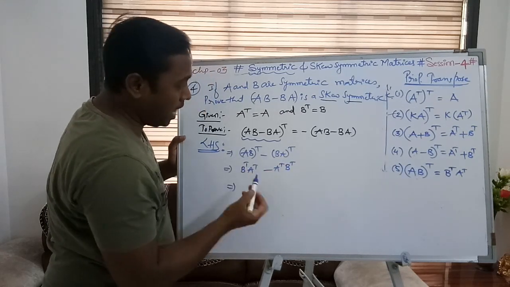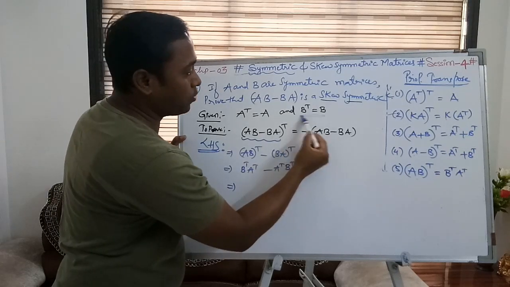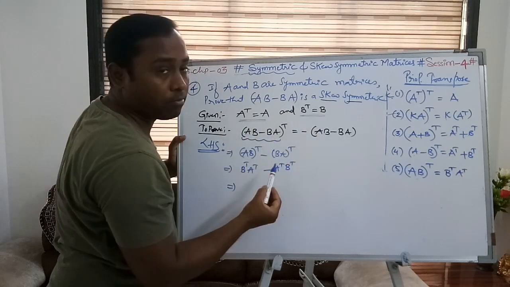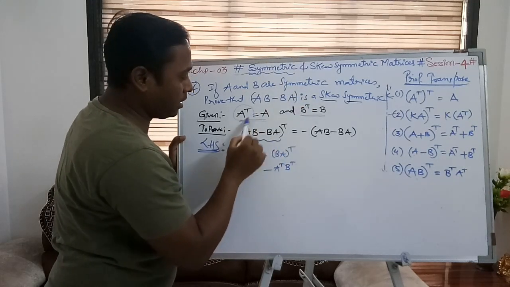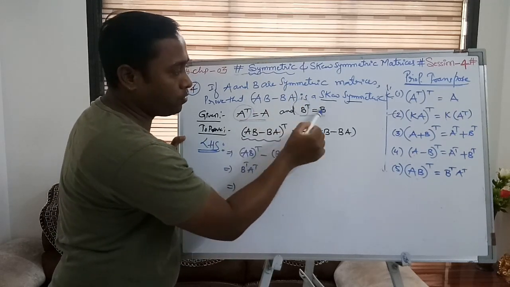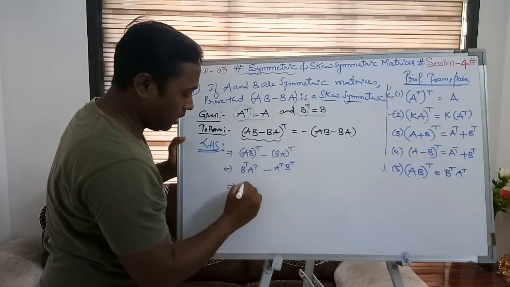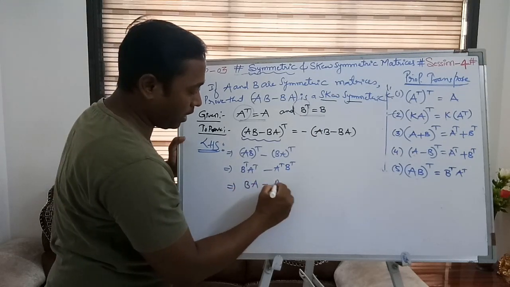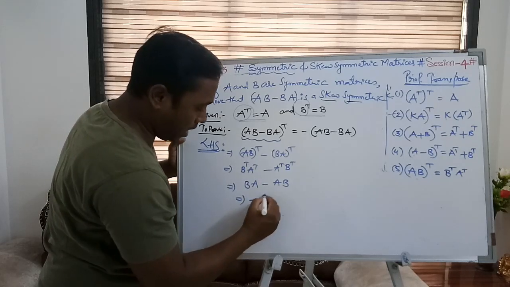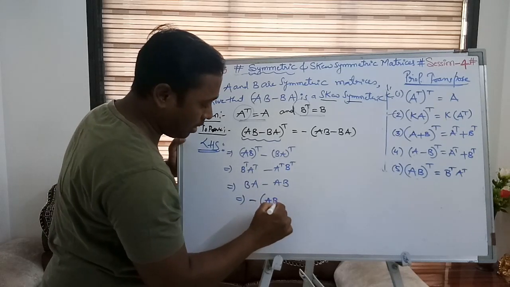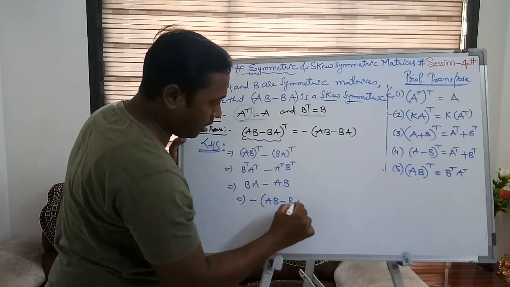But as in the question, B transpose is B, A transpose is A. They are symmetric. Hence, I can replace A transpose with A, B transpose with B in the result. It will become BA minus AB. So I can write this as minus of AB minus BA.